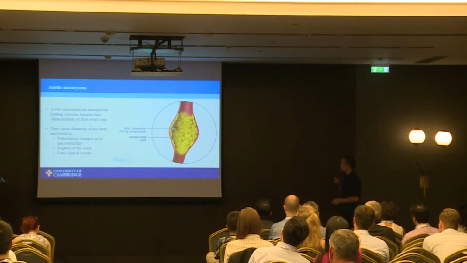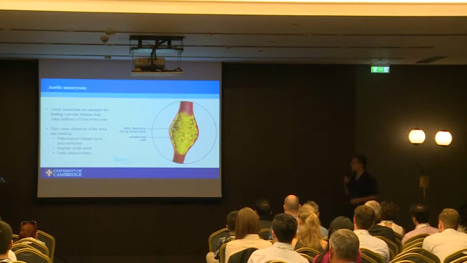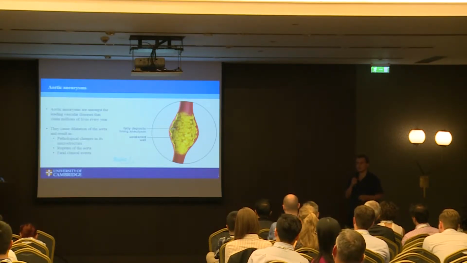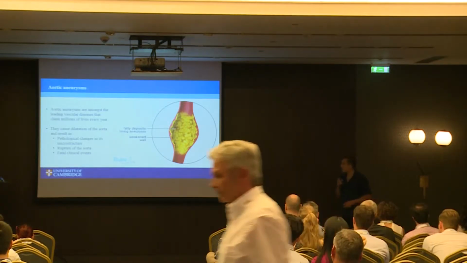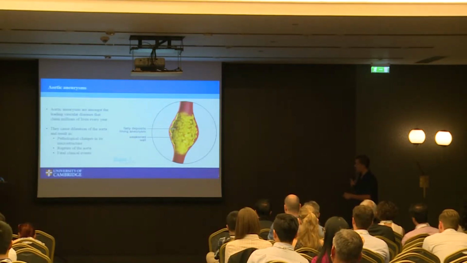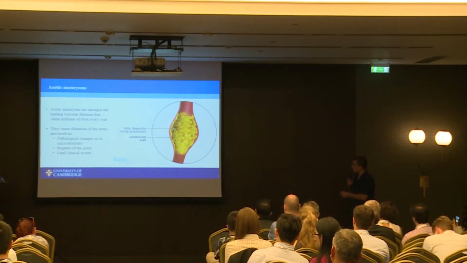Now, what are aortic aneurysms? Aortic aneurysms are a kind of vascular disease, and they claim millions of lives every year like every other cardiovascular disease. They cause local dilations of the aorta, which are called dilatations.